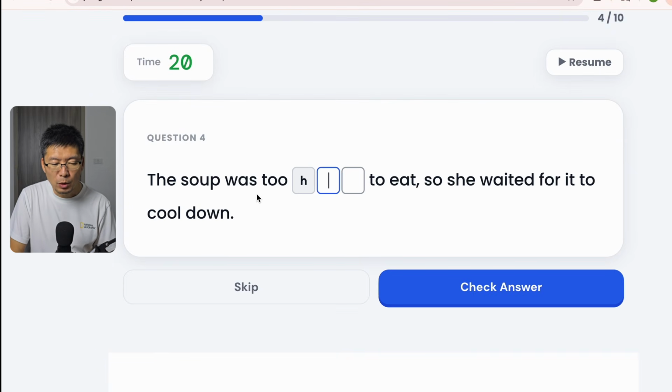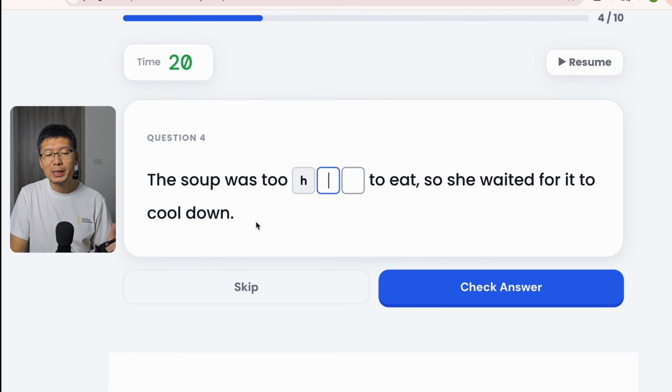The soup was too hot to eat, so she waited for it to cool down. So it's about the soup. She cannot eat. She waits for it to cool down. So have you found the context?